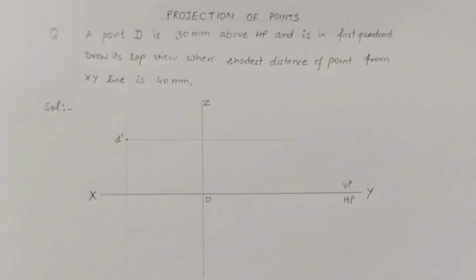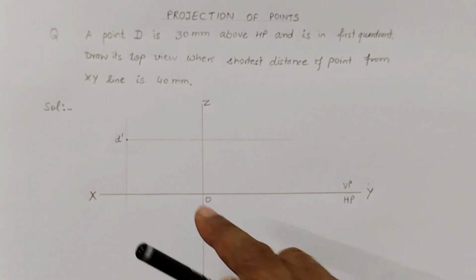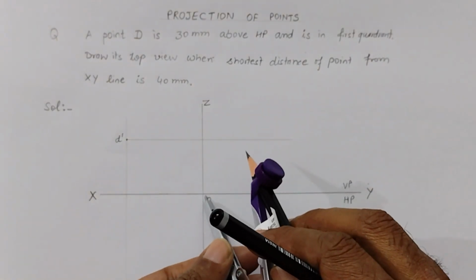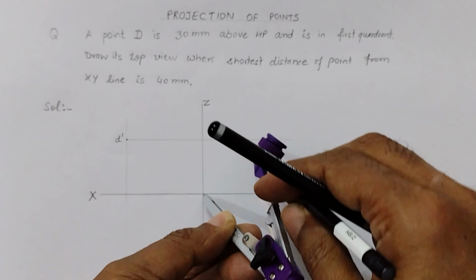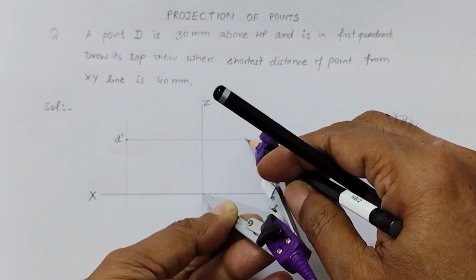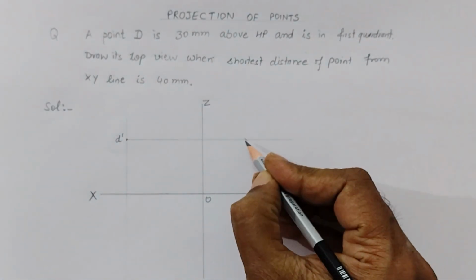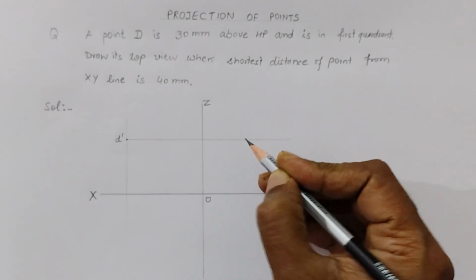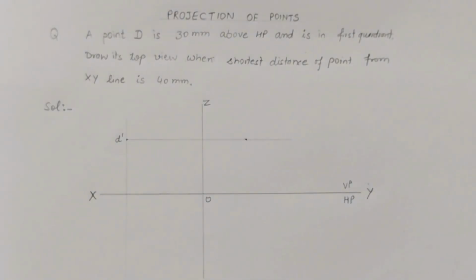Cut a distance of 40 mm from the XY as given in the question. So this is the point that is observed in the side view.